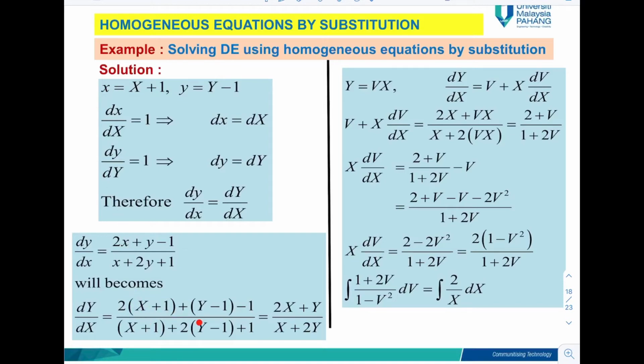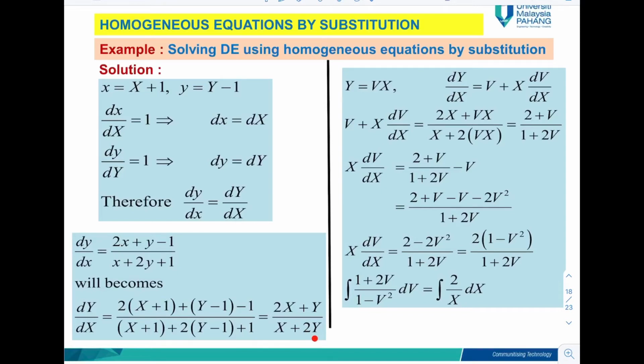Same goes to the y, which is Y minus 1, and write down everything. Same goes to the denominator over here, and when you simplify you will have a new differential equation, which is this one. When you check this one, this is a homogeneous equation.